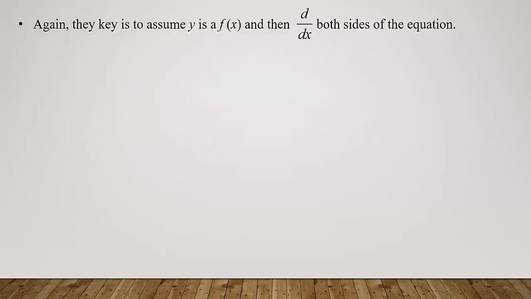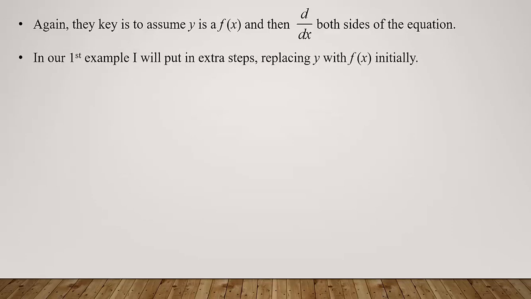The key in implicit differentiation is to assume that y is a function of x. And then we're going to d dx both sides of the equation. We're going to differentiate with respect to x, both sides of the equation. So in our first example that I will do on the board, I'm going to put in a couple of extra steps.